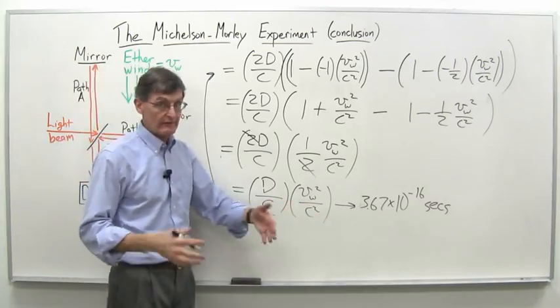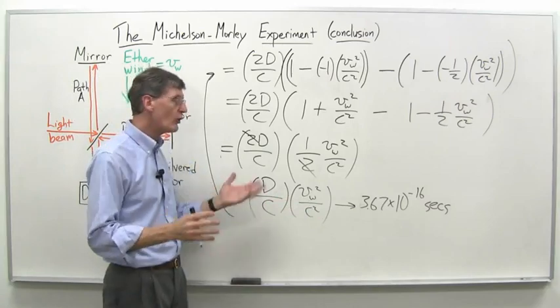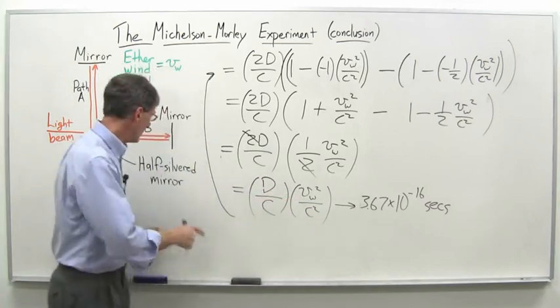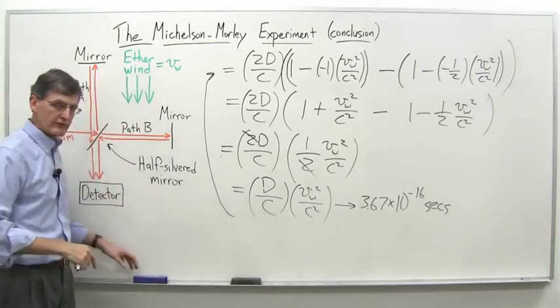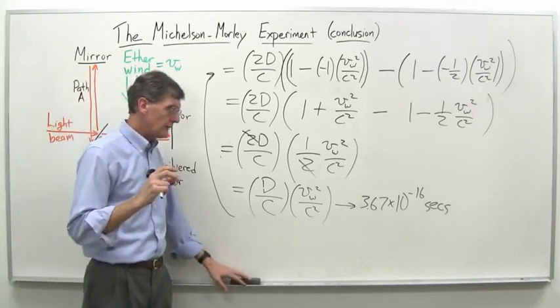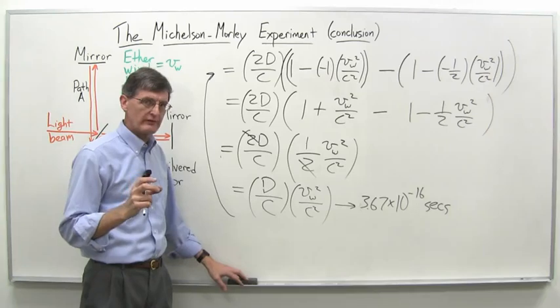That clearly is a very short time interval. And there was no way Michelson and Morley could measure a time difference of the two light beams arriving at the detector that precisely.